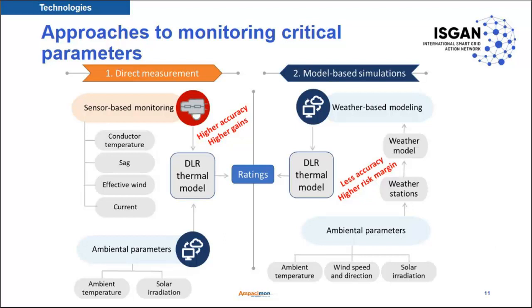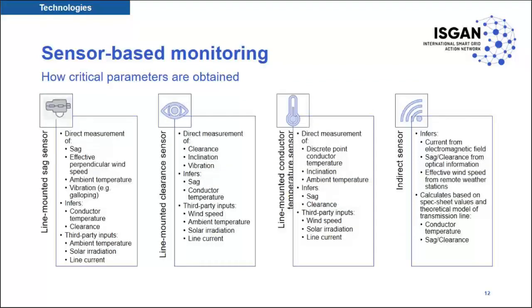The other method, which has also been developed for a number of years, is based purely on modeling. All the parameters, temperature, wind speed, and solar radiation, are collected from weather services and computed to perform thermal modeling. As you may have understood, we do not favor this approach.